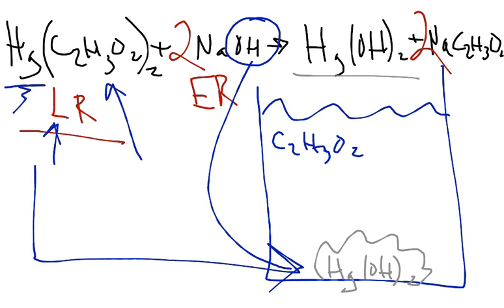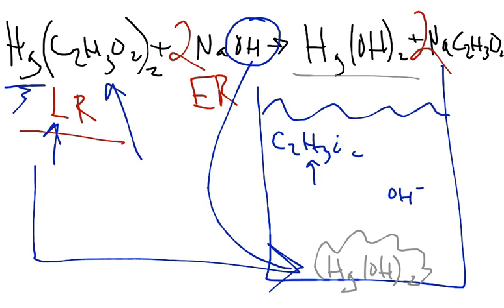So this is where it gets a little bit tricky. There is still some excess OH minus in the solution, but it's just really small. So now with your pencil, you would write OH minus smaller than you would here. That's really hard to do on the iPad, but just know the OH minus is intended to be smaller.